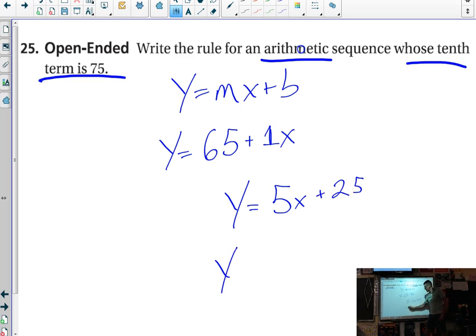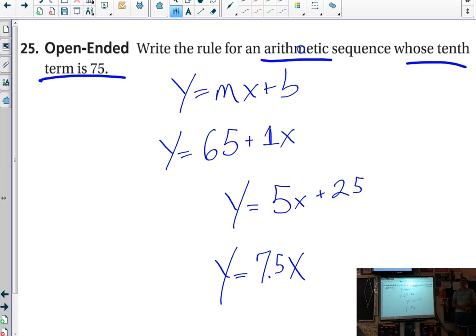I could also not have an initial starting point. How big would my step need to be to get to 75 in 10 steps? There's infinitely many ways that you can play this out. This will work, this will work, this will work. It's all just how you think about it.